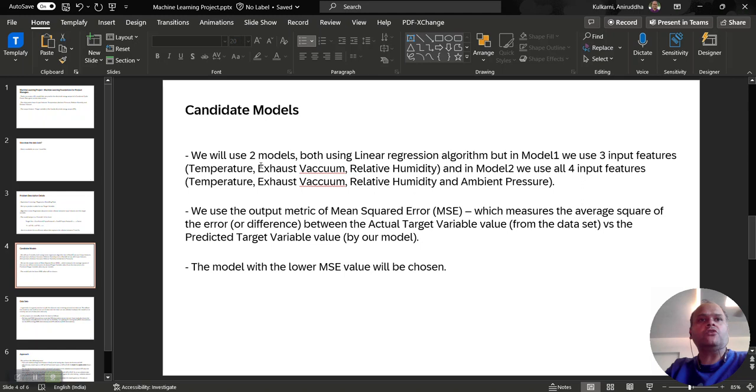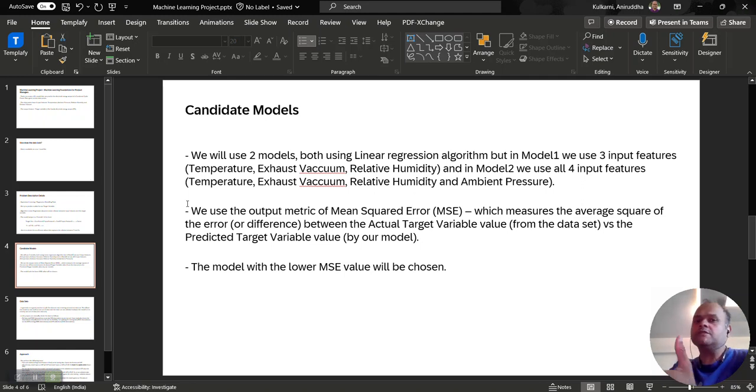So I'm choosing in model one temperature, exhaust vacuum, and relative humidity. And model one will then use only these three to find the linear regression formula. And in model 2, we use all four of the input features, temperature, exhaust vacuum, relative humidity, and ambient pressure, and use all the four values to come up with the formula that I just mentioned.